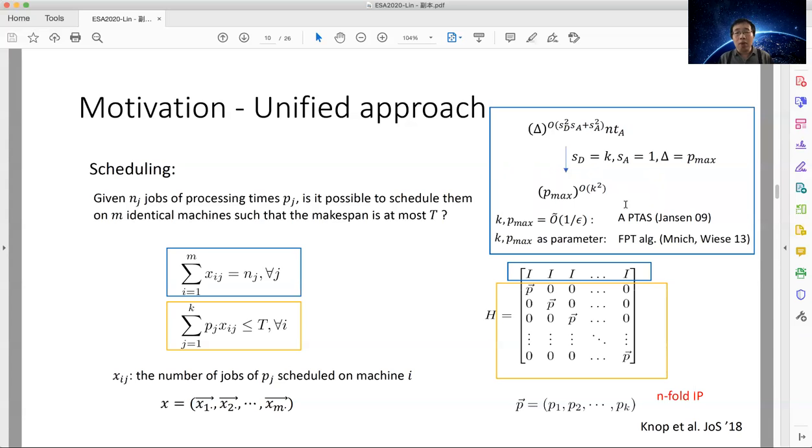The best known algorithm for n-fold, the special case of full block n-fold: if you apply it, you immediately obtain the approximation algorithms and FPT algorithms for scheduling problems that match the current algorithms. That is interesting because now you don't need to spend a lot of effort, you just derive it straightforwardly.